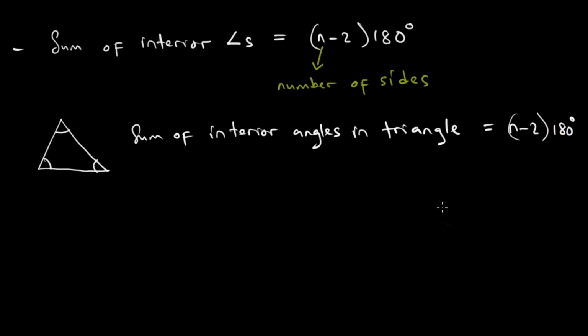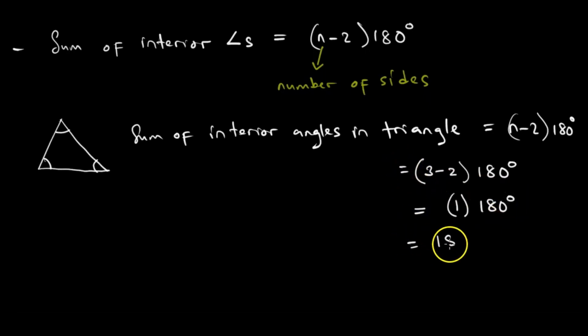But how many sides do we have on a triangle? We have 3 sides. So if we replace n with 3, it becomes 3 minus 2 multiplying 180 degrees, which is equal to 1 multiplying 180 degrees, which is equal to 180 degrees.